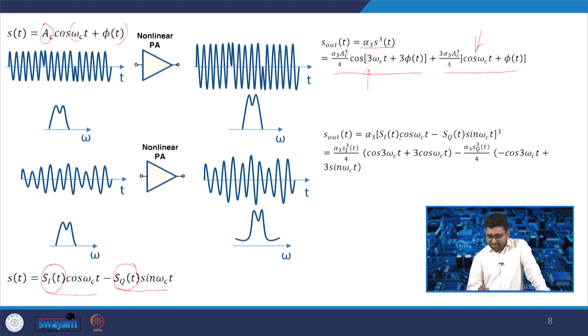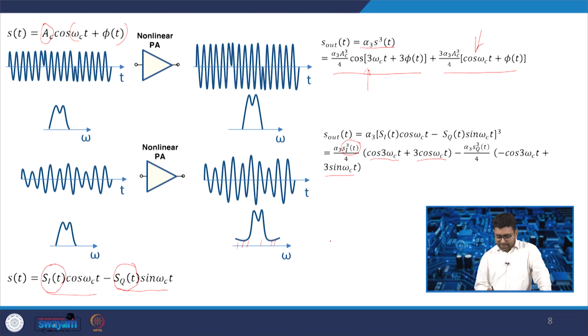So if you cube that signal, there is a cos 3 omega_c t term that will be at a higher frequency, but along with the cos omega_c t and sin omega_c t terms there is an S_I cubed(t) by 4 term, and some of the third order frequency components will increase your band level.